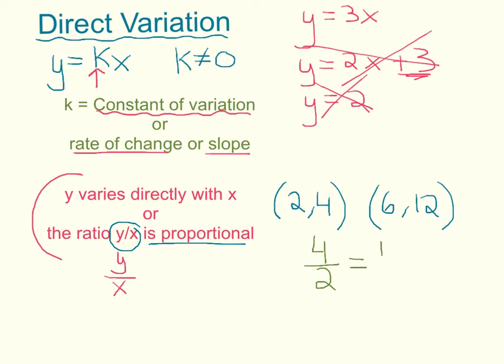So y divided by x: 4 divided by 2 is 2, and 12 divided by 6 is 2. Therefore, the ratio y divided by x is proportional for every point on a direct variation equation. So that's an overall introduction to direct variation, and now we're going to get into specific types of questions.